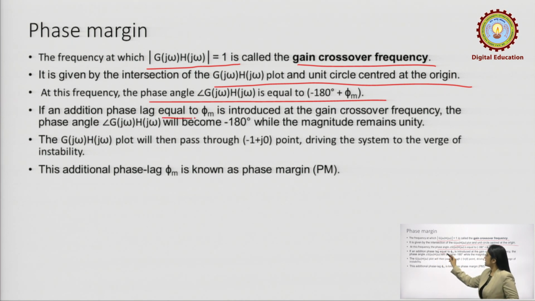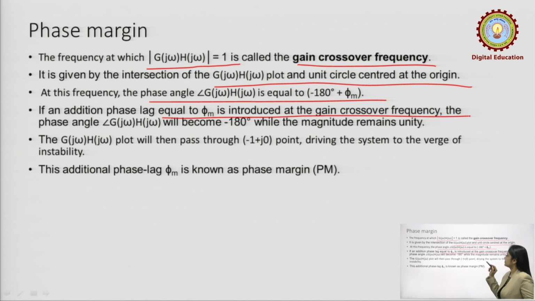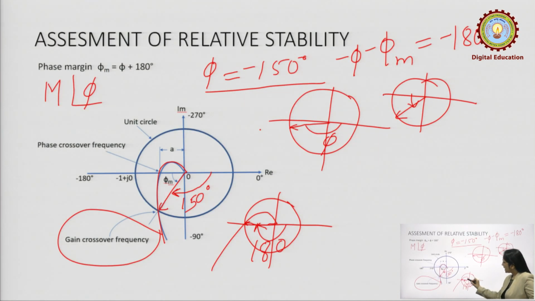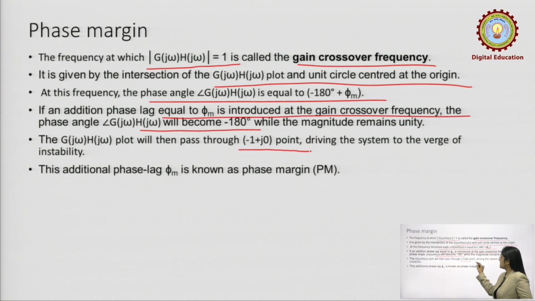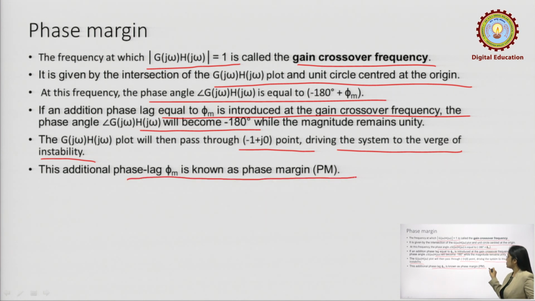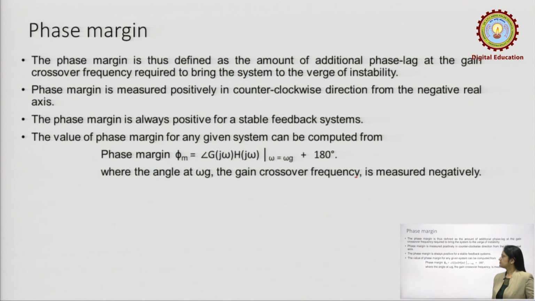If an additional phase lag phi m is introduced at the gain crossover frequency, as I mentioned, the phase angle will become minus 180 degrees, whereas the magnitude remains unity. That means the magnitude is already at unity, because the phase angle is at minus 180 degrees. The G(j omega) plot will then pass through the minus 1 plus j0 point, driving the system to the verge of instability. So, this additional phase lag is known as the phase margin.